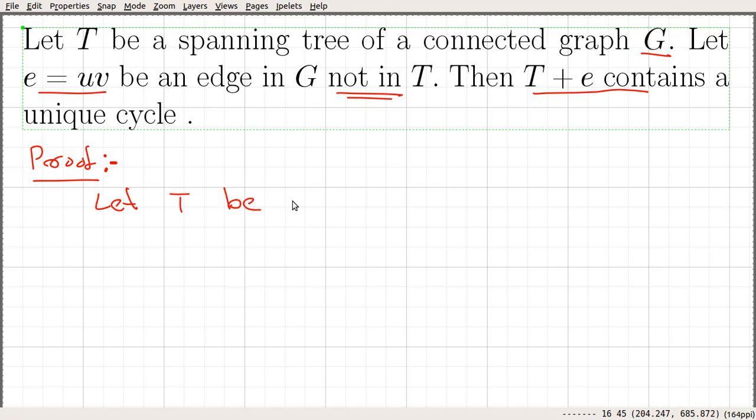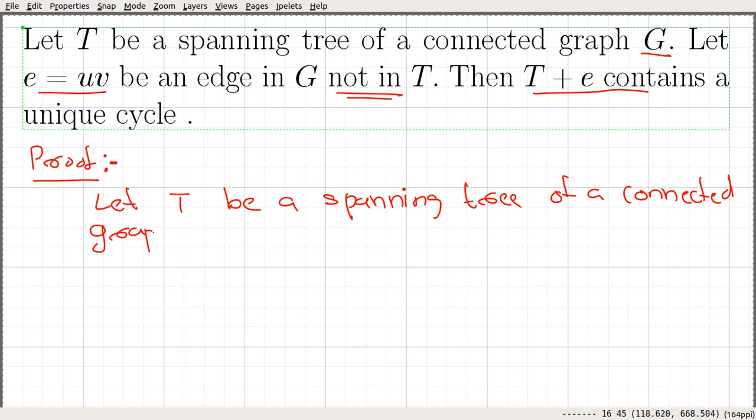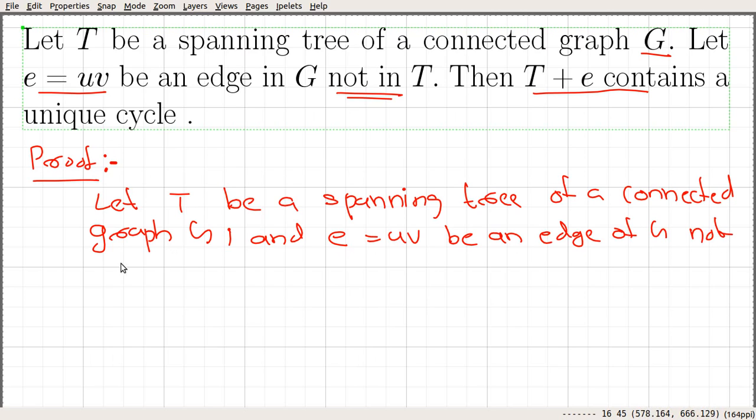Let T be a spanning tree of a connected graph G, and let E, connecting U and V, be an edge of G not in T. So that says E is a chord edge.